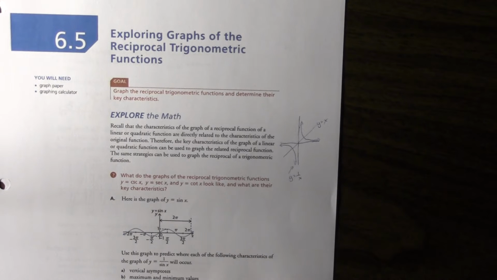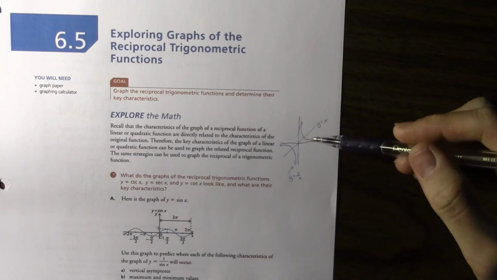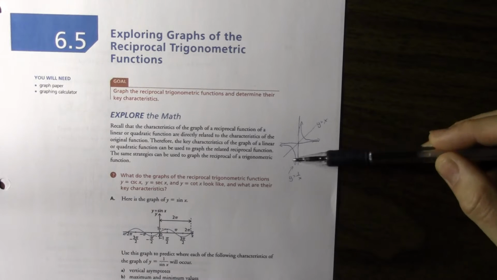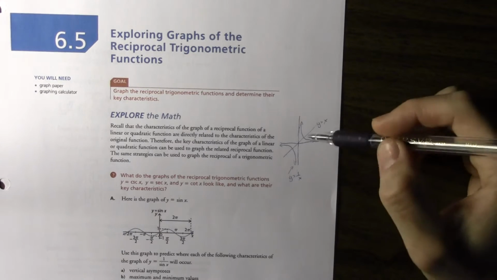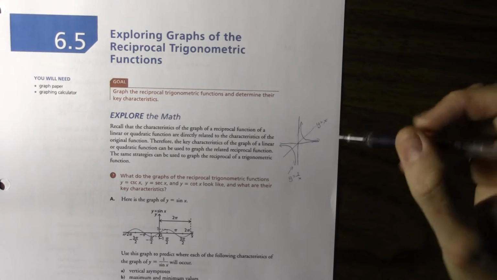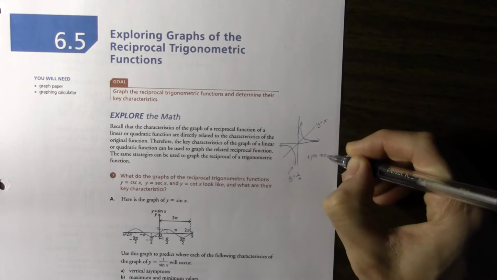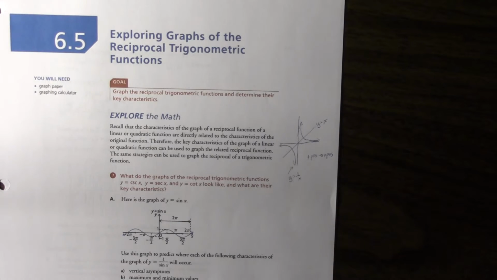Yeah, Lyndon? They're in the same quadrant? Okay, right. So when the values are positive, the values are positive. Good, that's one. So positive values produce positive values on the reciprocal.